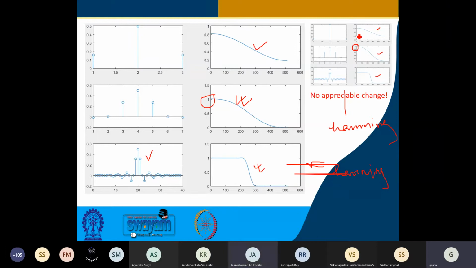So this is 0.5, this is 0.45, and this is 0.2. Excellent, very good observation. Who is it? Your name, please? Anisha. Excellent. Right.